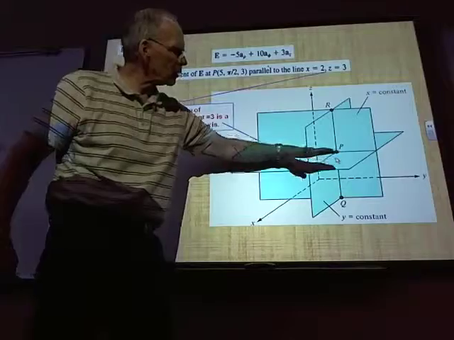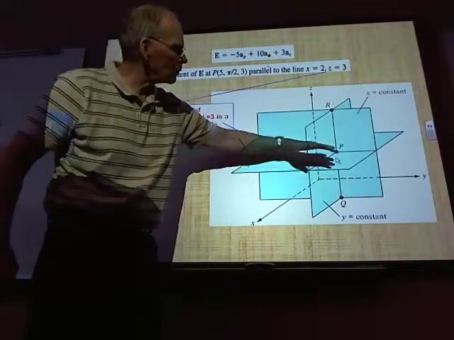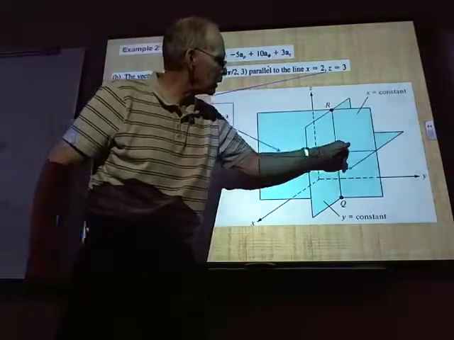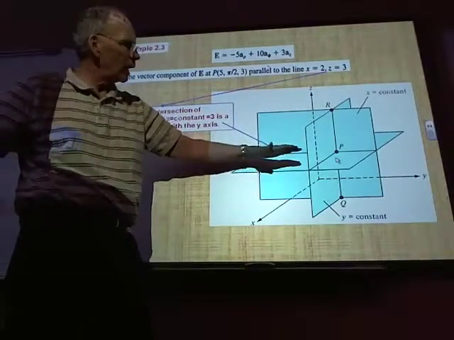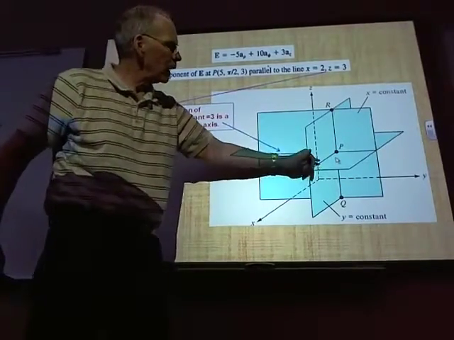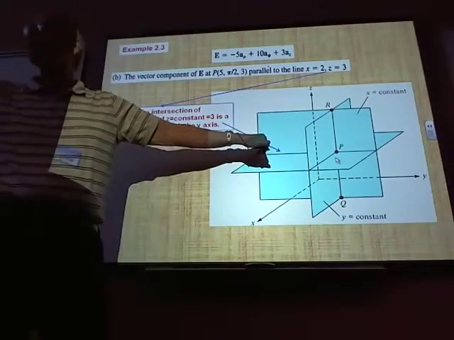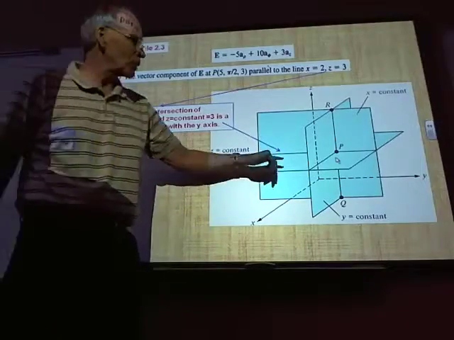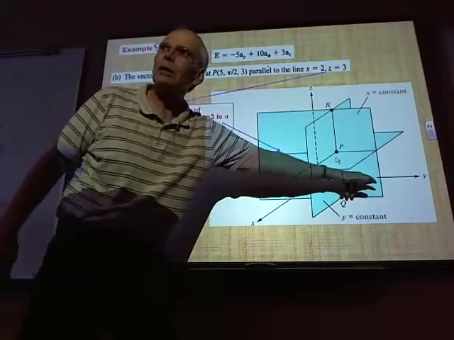The z plane goes from plus and minus infinity, but it's located at 3. So this line right here is the intersection of the plane x equal to 2 and the plane z equal to 3. And you see that it's forming a line here, Richard. Where's Richard? There's Richard. I was looking at you earlier and you looked like you didn't understand. So Richard, that intersection forms a line that goes along the y-axis there.